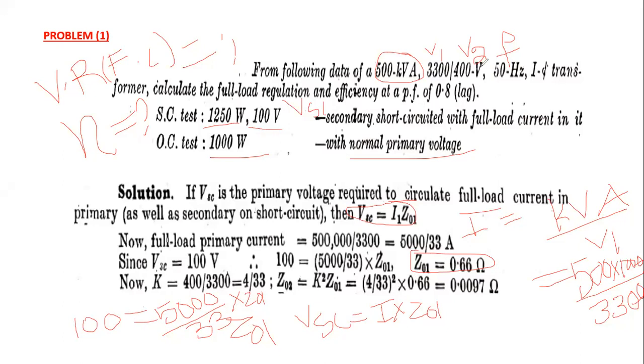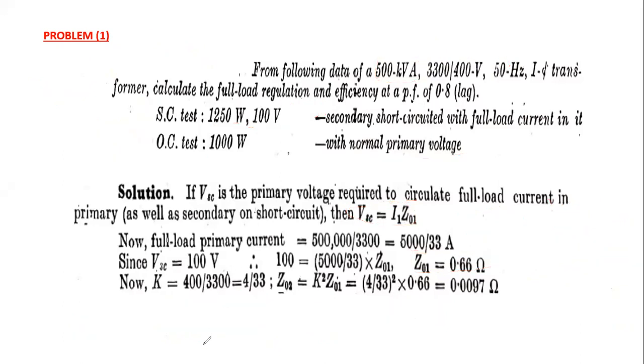Next we calculate Z02. Z02 is the equivalent impedance referred to secondary. Therefore, Z02 is equal to K square into Z01.